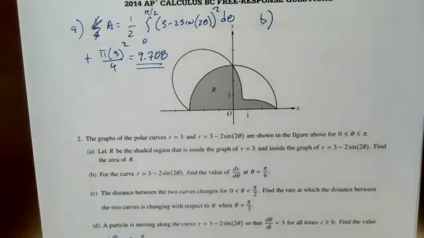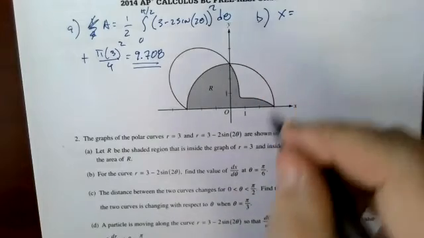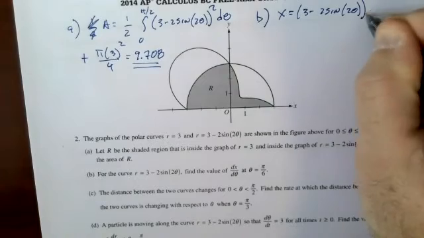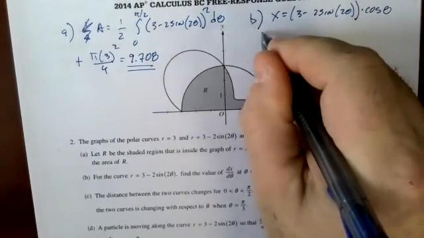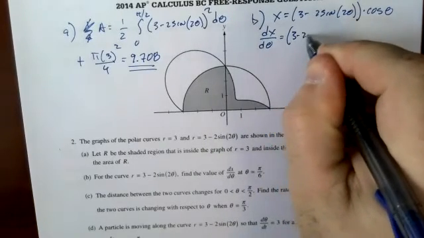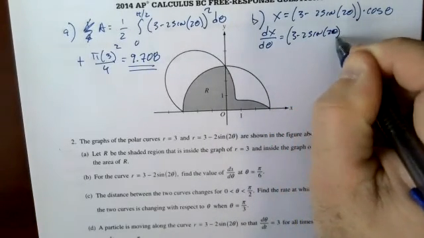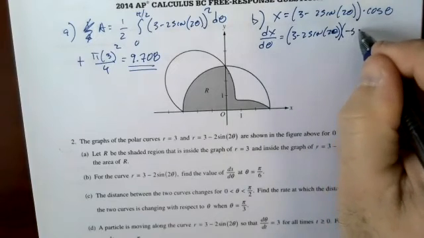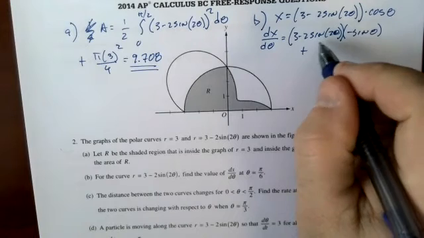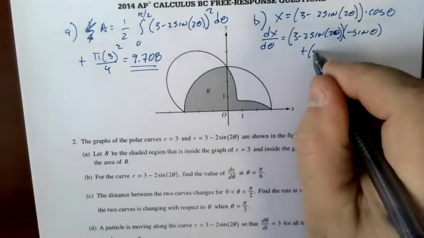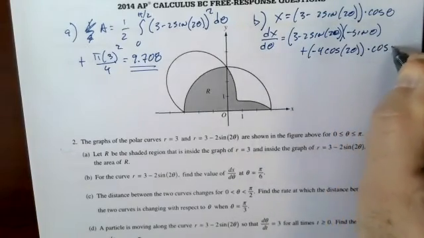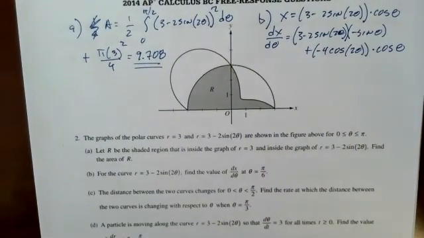X equals r cosine theta, so x equals 3 minus 2 sine of 2 theta, times cosine of theta. dx d theta equals negative sine of theta times the 3 minus 2 sine of 2 theta, plus cosine of theta times the derivative, which is negative 4 cosine of 2 theta. Notice how easy it is to make mistakes there. You got to really be careful.